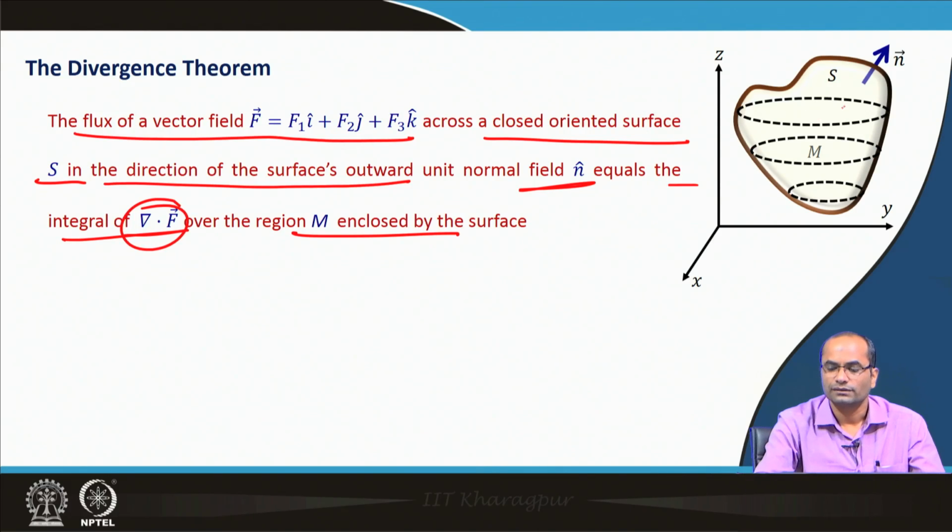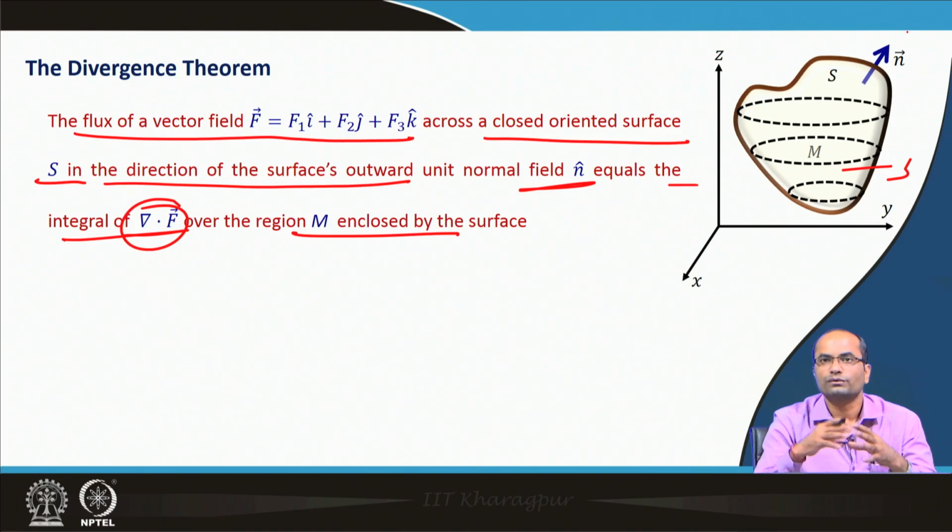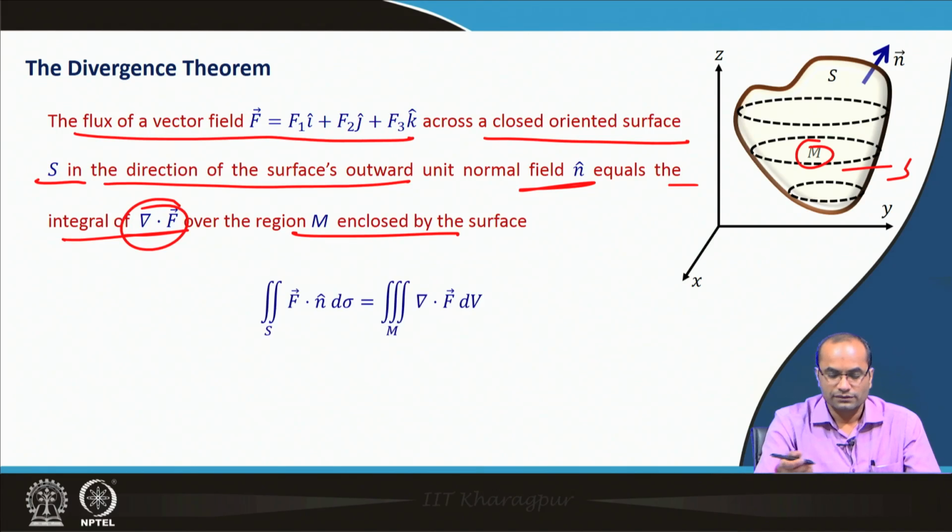So, we have a region which is bounded by this surface S, and we have the outward unit normal vector n to the surface, and we are denoting the enclosed region, which is the mass or the volume, now. And then we have this result, which we have just discussed previously.